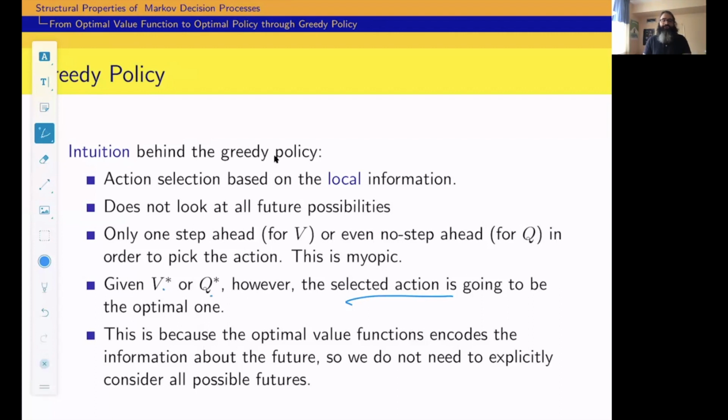So for V, I know that at the next time step I'm going to act optimally, so I just forget about what happens after that and choose the action that is best at the current time, plus the next time step where I act optimally. That's the intuition why, if we have V star or Q star, we would act optimally. This is like the description I had a few slides ago.